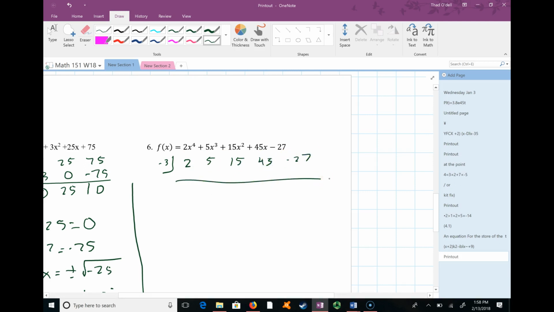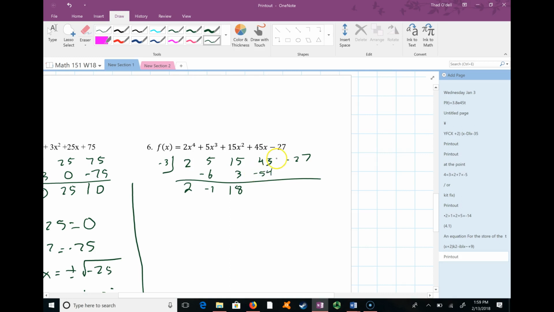Okay? So bring my 2 down. -3 times 2 is -6. -6 plus 5 is -1. -3 times -1 is 3, which makes 18. -3 times 18 is what? -54.